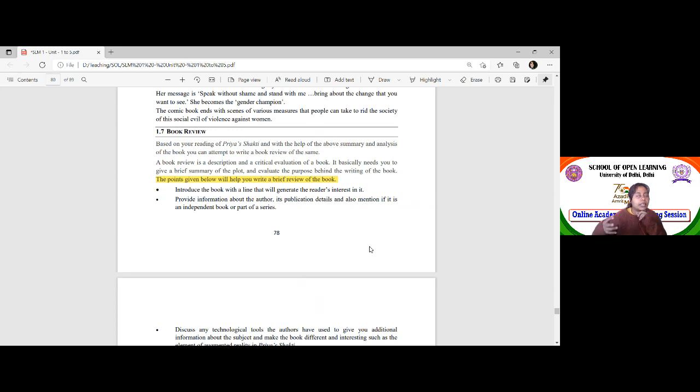Suppose you were writing a review of, say, Harry Potter, then obviously you have to mention which Harry Potter book you're writing a review of. There are so many, right? Unless you're writing a review for the whole series, which usually people don't do, because the whole point is a review is usually written when you are trying to tell people whether they should read it or not.